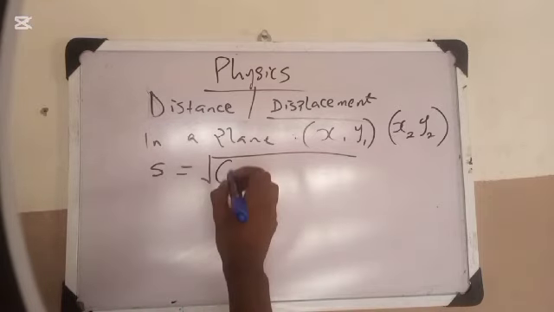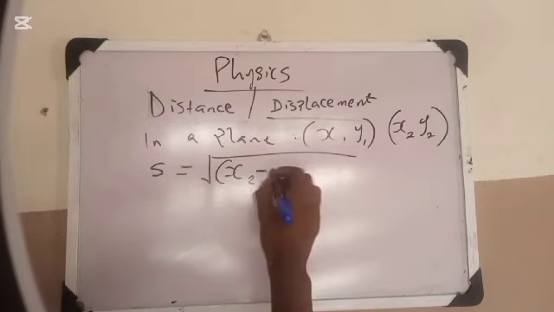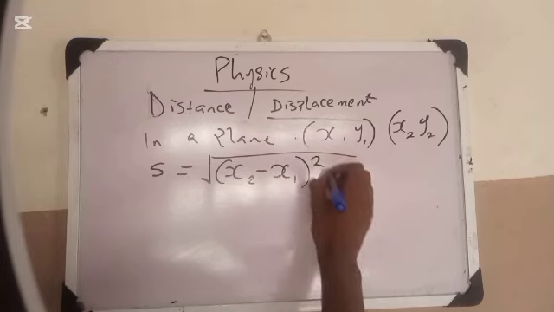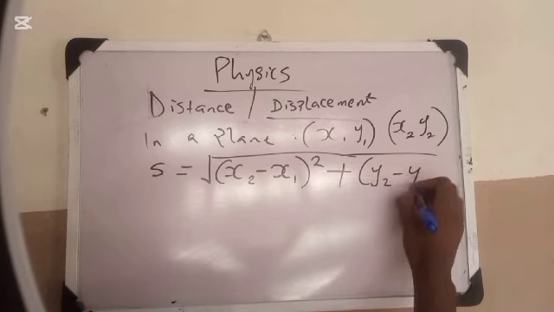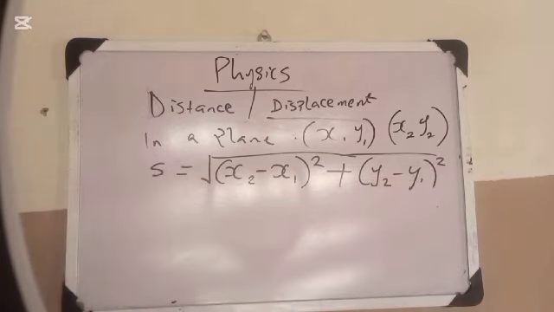The formula is S equals the square root of X2 minus X1 squared plus Y2 minus Y1 squared. This is the formula for calculating distance in a plane.